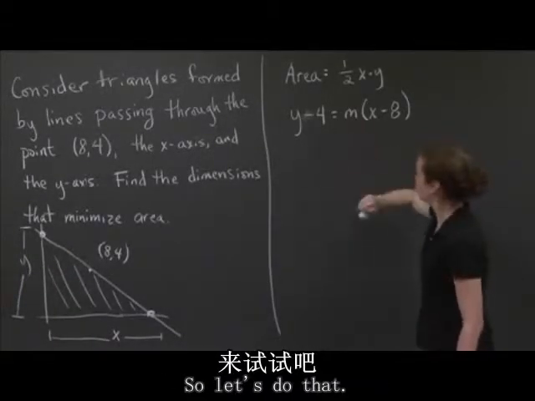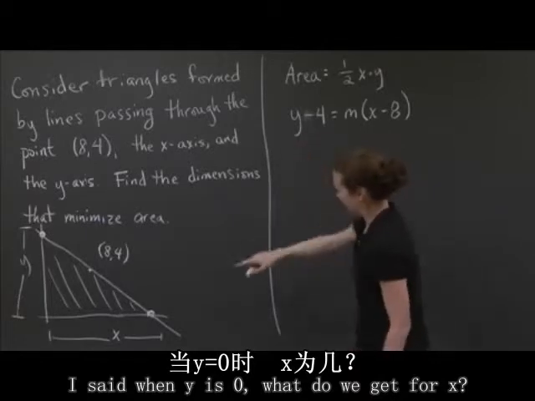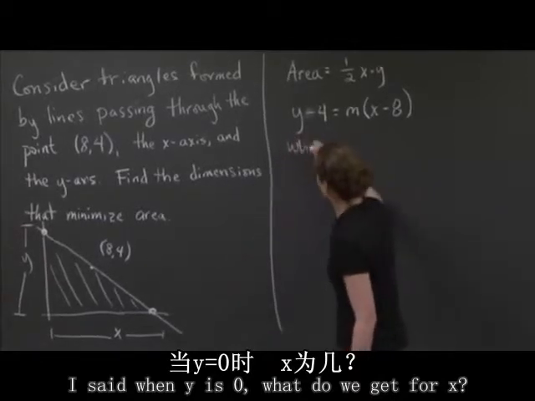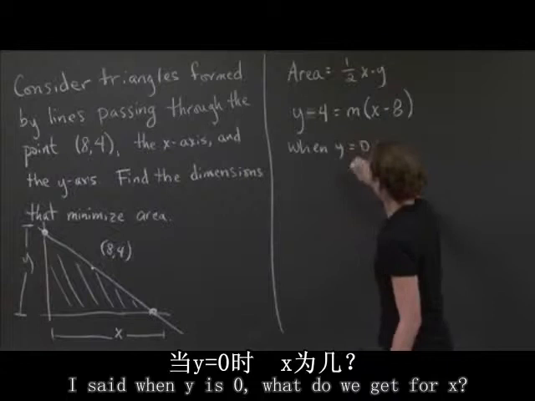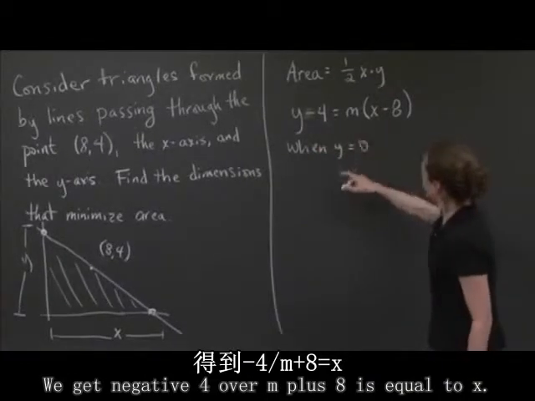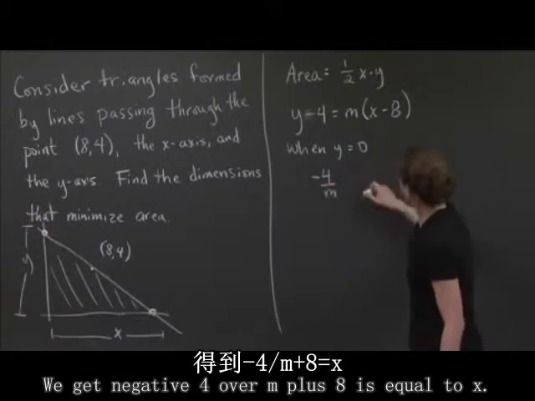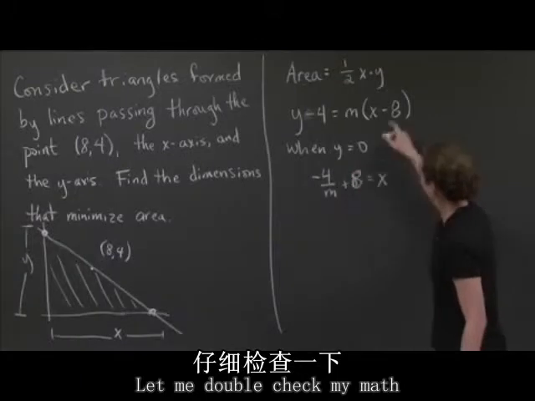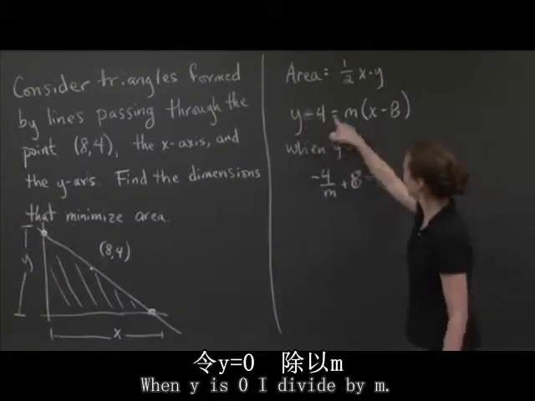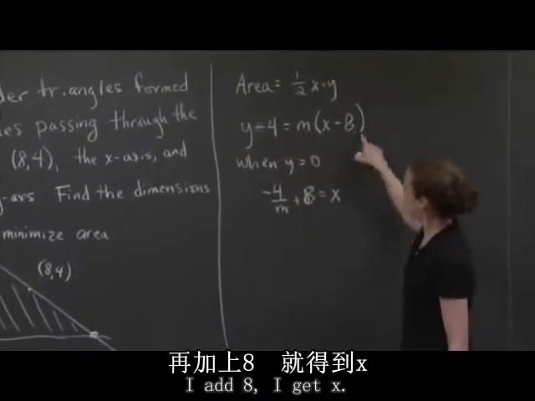So let's do that. I said when y is 0, what do we get for x? We get negative 4 over m plus 8 is equal to x. Let me double check my math so I don't have to reshoot this. When y is 0, I divide by m, I add 8, I get x.